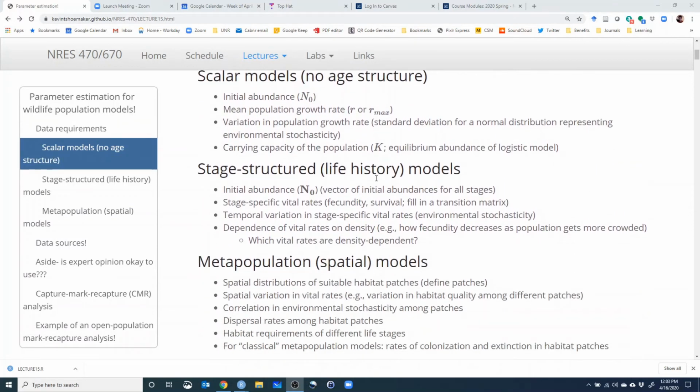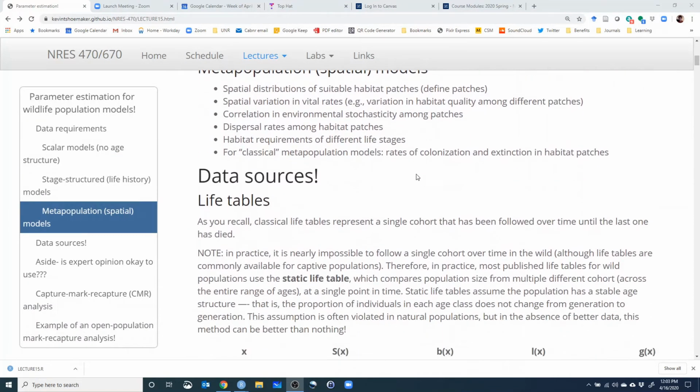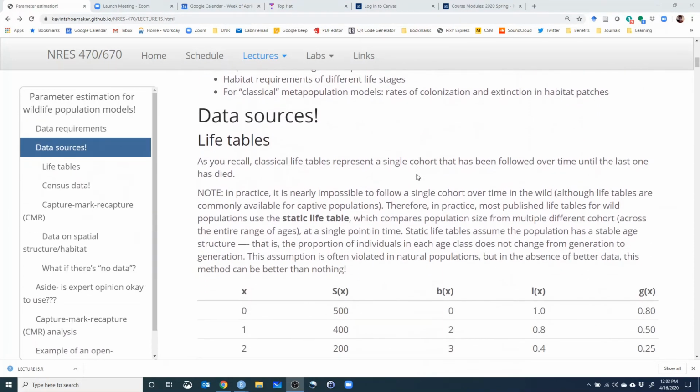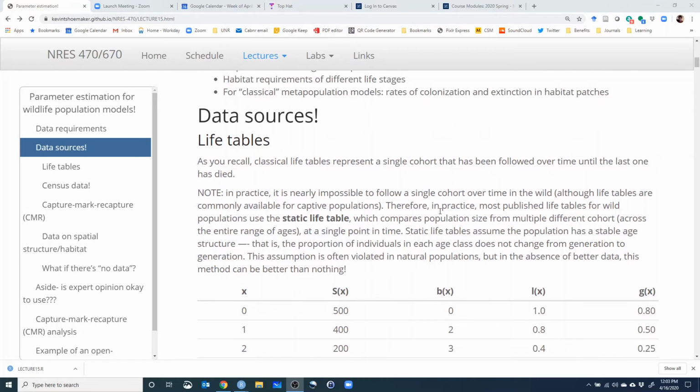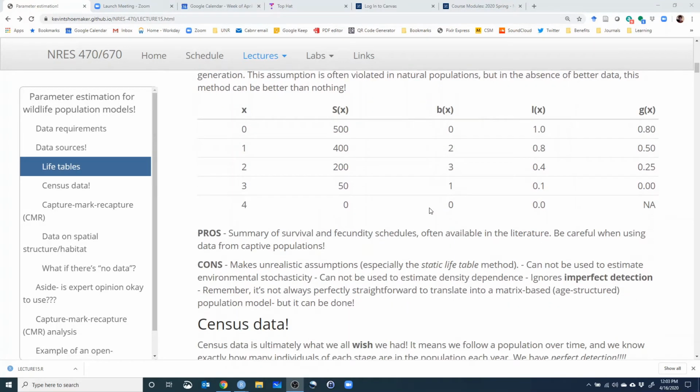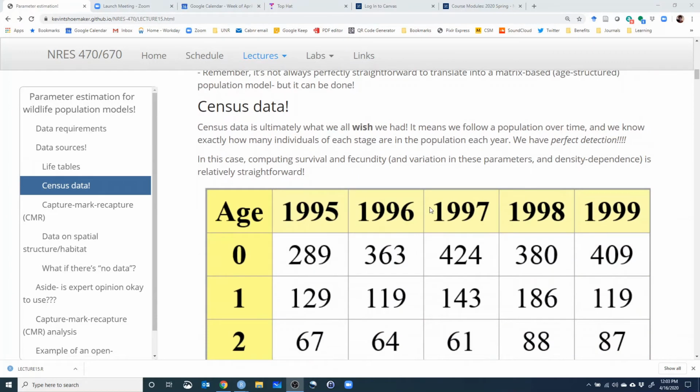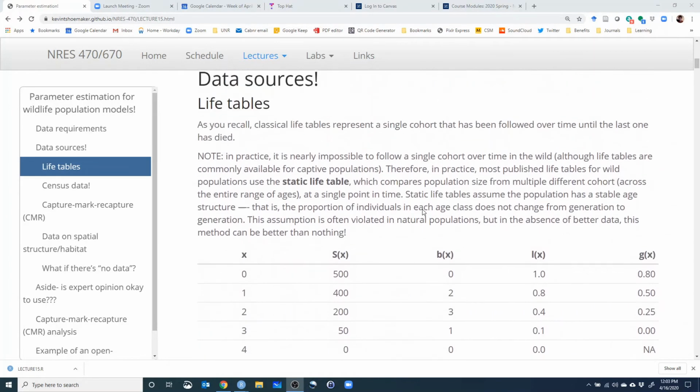That's just kind of a review of what we've already gone over. Now, how do we estimate them? That's the real topic of today's lecture, parameter estimation. So we're going to go through a few sources of data. Some of you have probably seen these sources in the literature as you try to parameterize your final PVA models. We're going to talk about life tables. We've talked about life tables before, but life tables are a common way to get parameters from the literature.